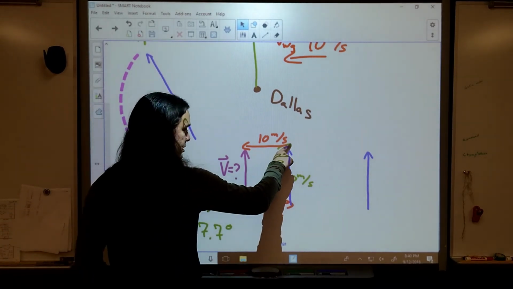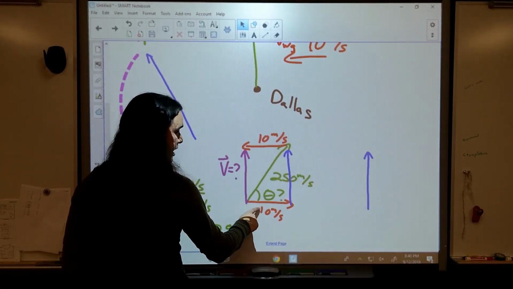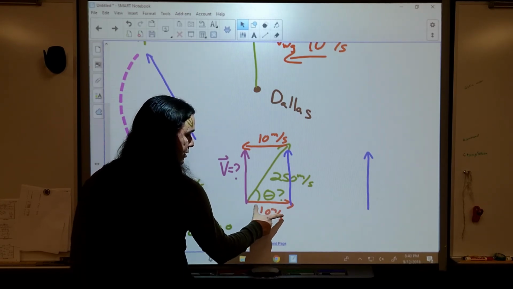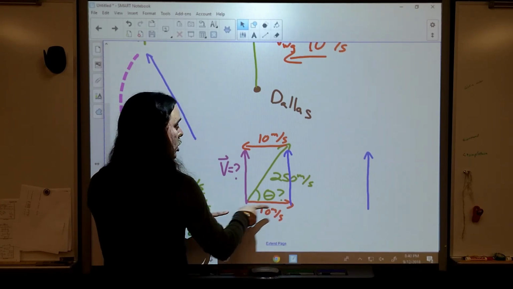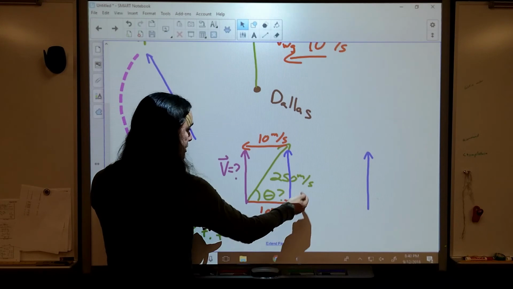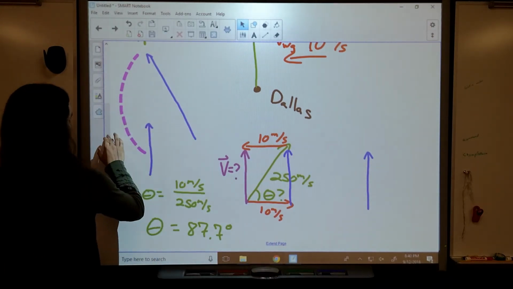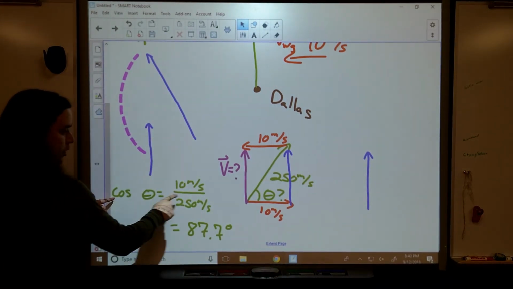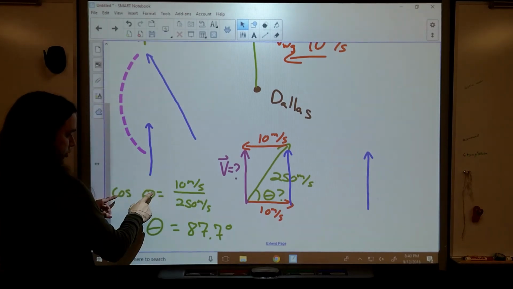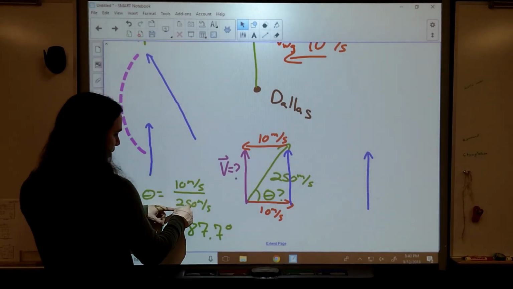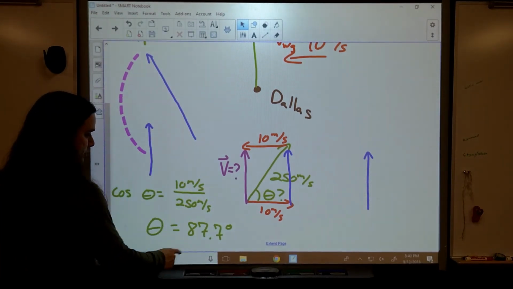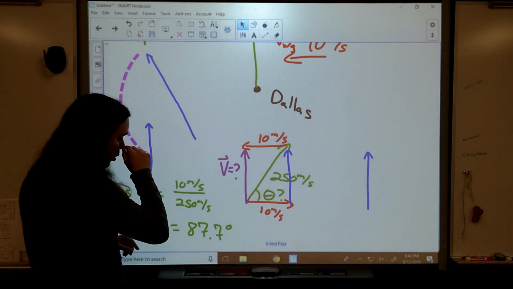If I know the hypotenuse here is 250 meters per second, and that I need a component in the x that is 10 meters per second to the right or to the east to counteract the 10 meters per second to the west, then I can go over here. This is the adjacent side. I can do cosine of theta as 10 meters per second divided by the hypotenuse, 250 meters per second. And I find that this is 87.7 degrees.